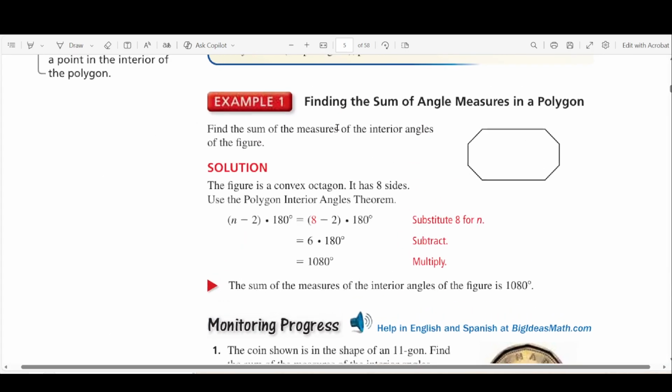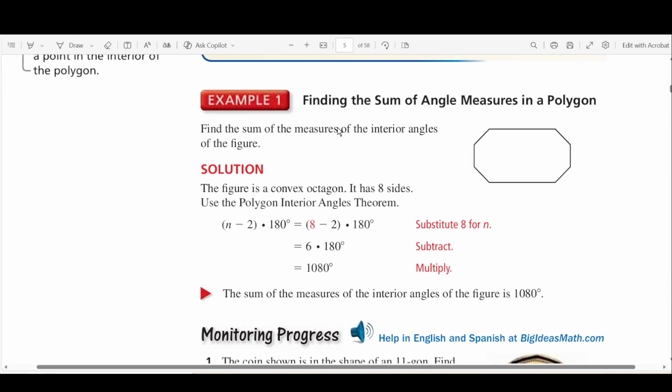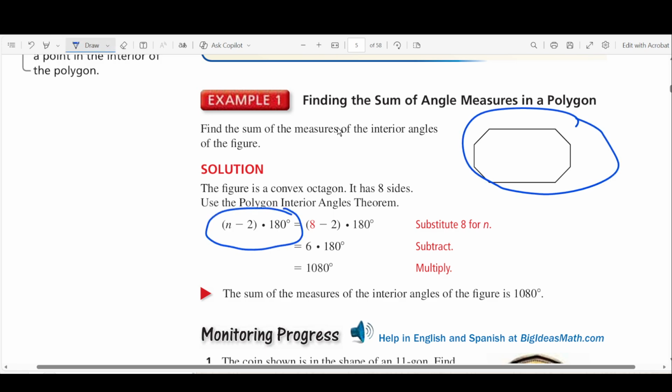For example, here if you see this, this is an octagon, right? This figure has 8 sides. So in this formula, to find the sum of the interior angles of this polygon, we plug in 8 there. 8 minus 2 times 180. 8 minus 2 is 6. 6 times 180 is 1080.